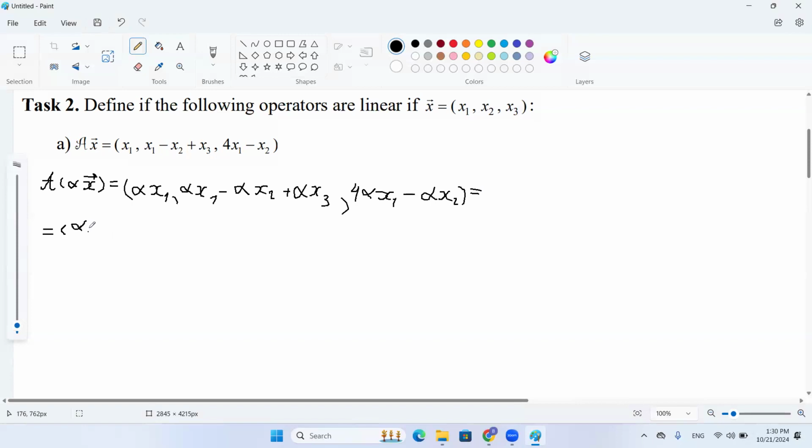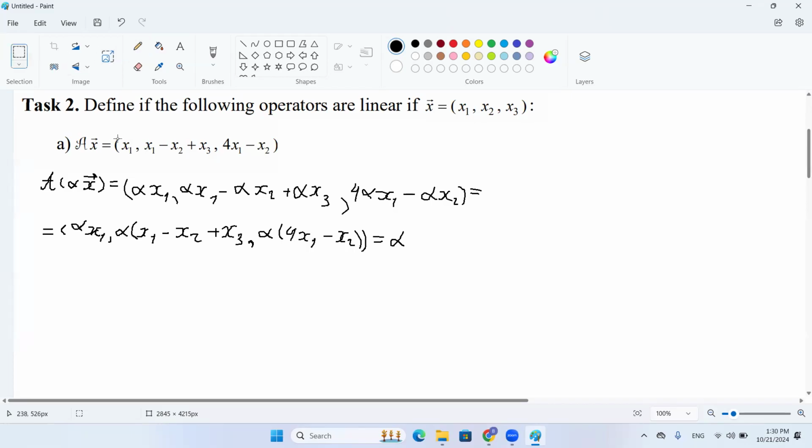Writing everything in detail for better understanding. And we can move alpha out of brackets.